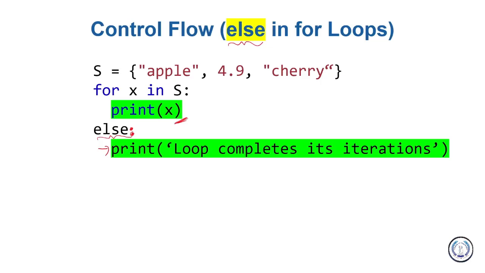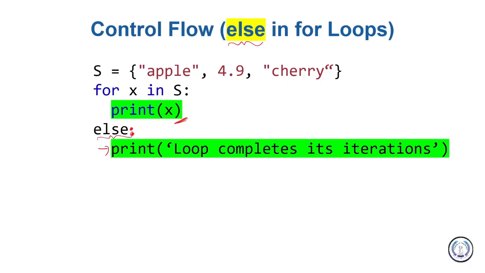So I would recommend to not use the else clause for a for loop until you really need it, because you may confuse this else with the else of an if condition, and you may think something else and the program behaves in a different way. Either way, the else for a for loop is there in Python.